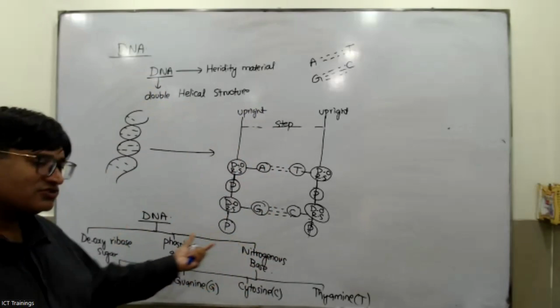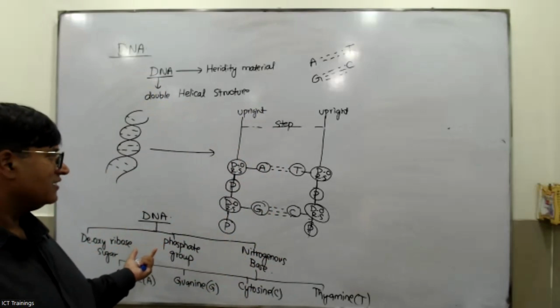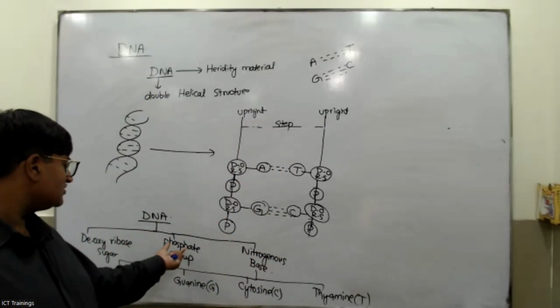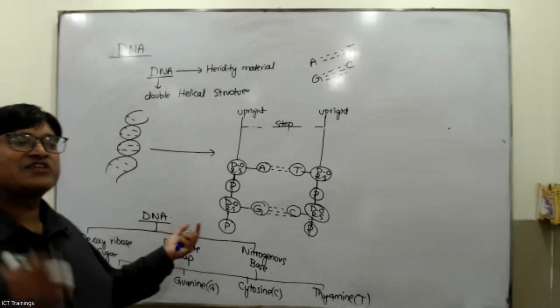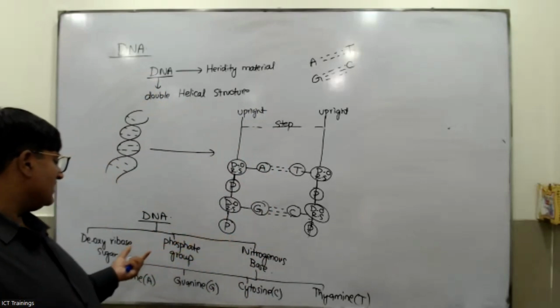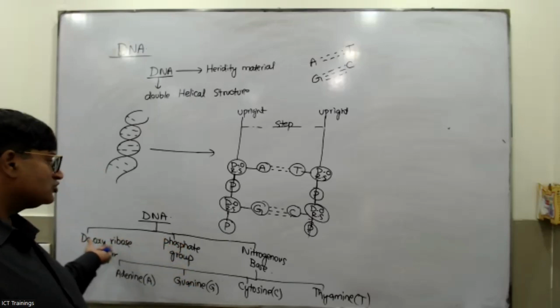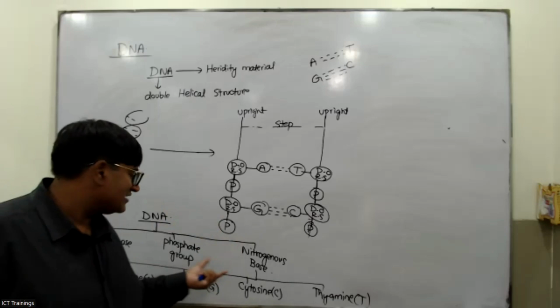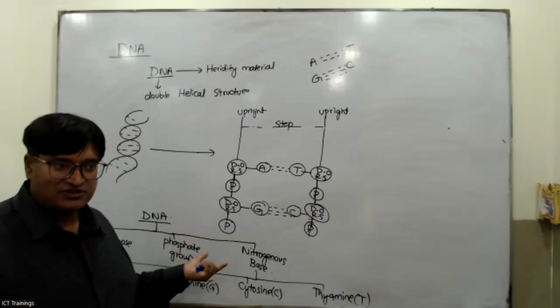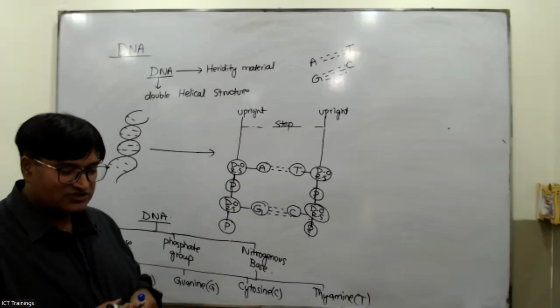Any one nitrogenous base is attached with these two things, forming one brick. So if adenine is attached with phosphate and deoxyribose, that would be the adenine brick. Just like that, if guanine is attached with the phosphate and deoxyribose sugar, that brick is the guanine brick. Did you get it? So this whole DNA is made up of these things.